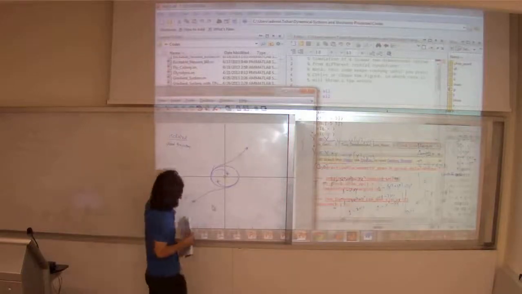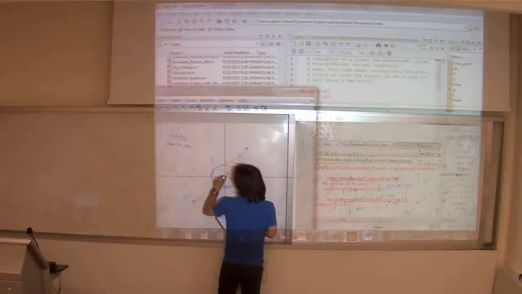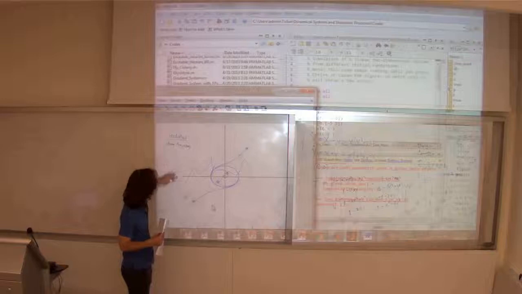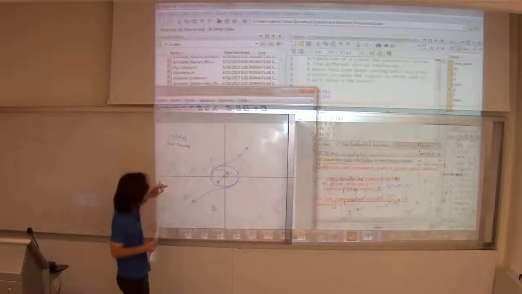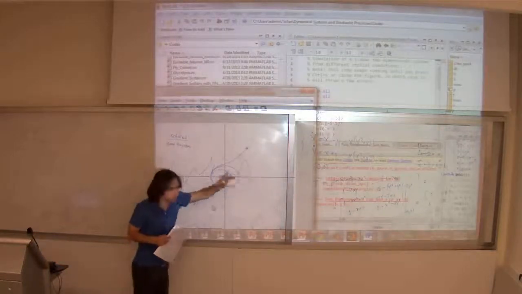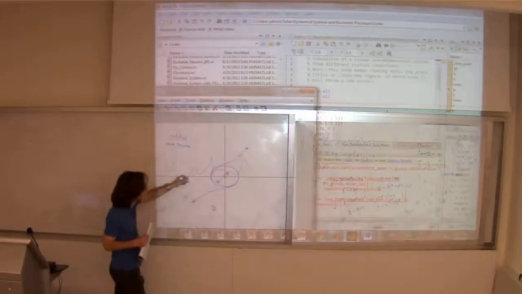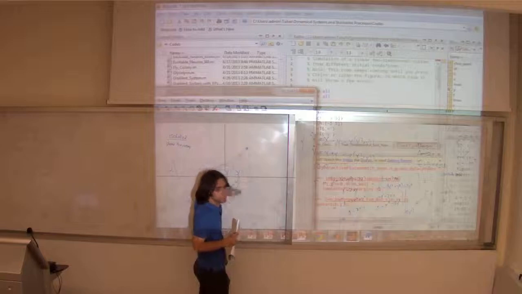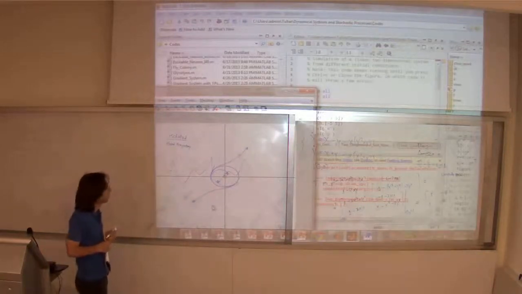So you can have something very irregular, maybe something like this, but it will stay the same forever and ever. Not like a spiral, where you might change the amplitude of your oscillation or the period.